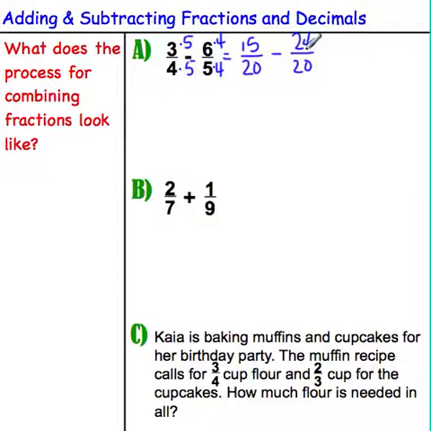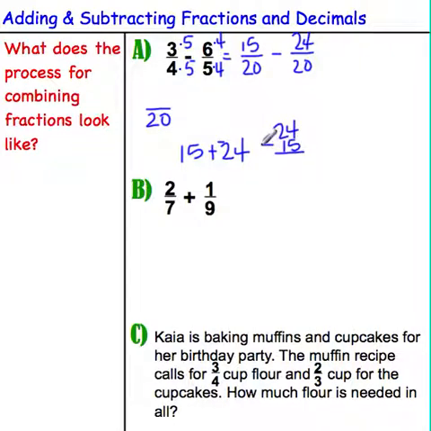So now I take a look and say, well, I know that 20 is going to be my denominator, because I leave that alone. And I have 15 minus 24. And we add the opposite and get 15 plus negative 24. The signs are different, so we find the difference. 24 minus 15.